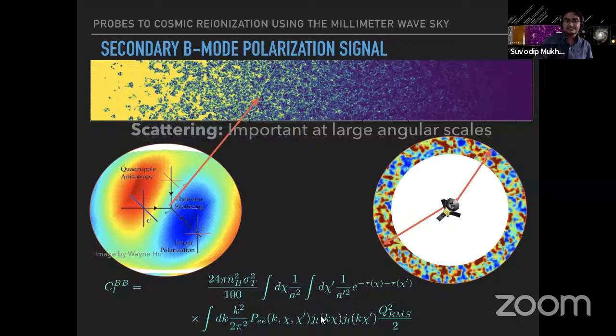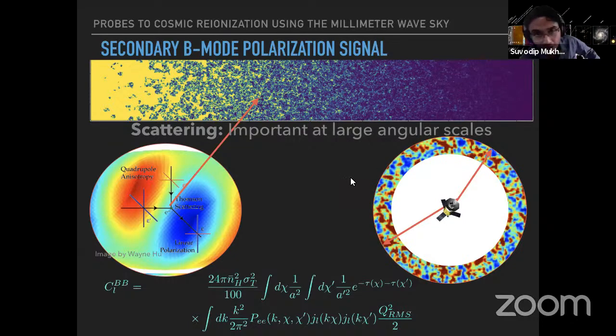And it gets imprinted again in the B mode polarization signal, and we call it the scattering effect, which is important at large angular scales. So in very simple language, screening is a conversion of power from polarization to polarization, and scattering is an effect which is a conversion of power from temperature to polarization.